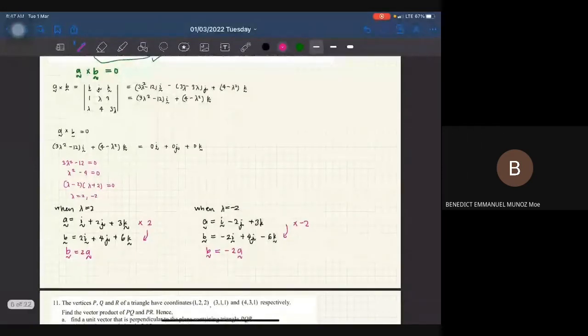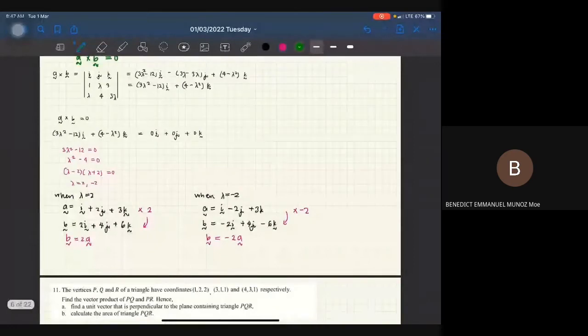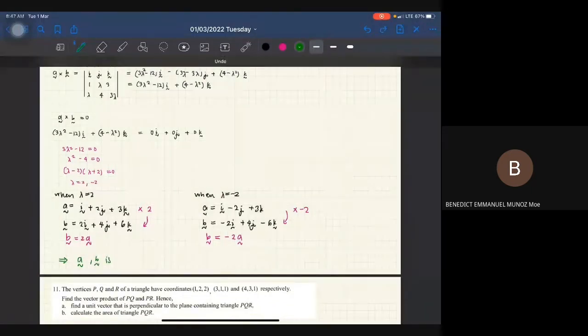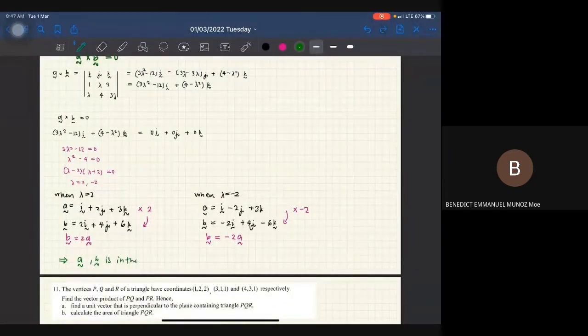Okay, so the conclusion that you can draw from this is the first one, vector A and vector B are in the same direction. Why do we say so?